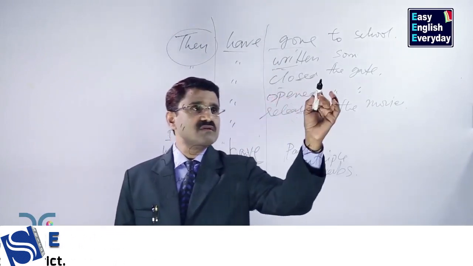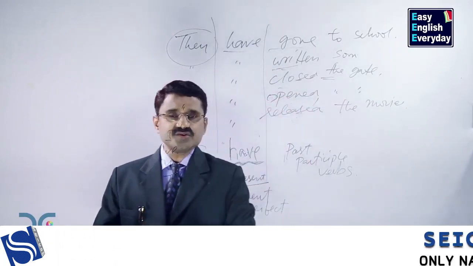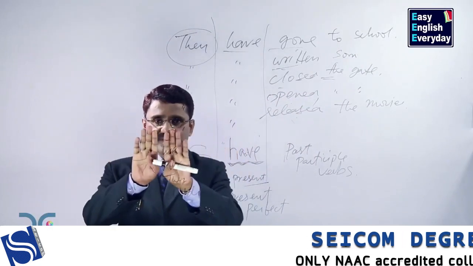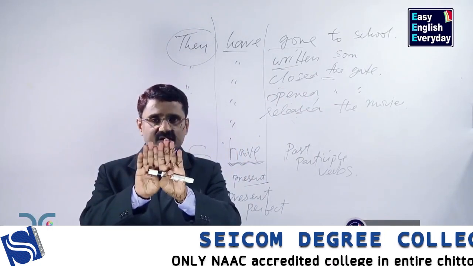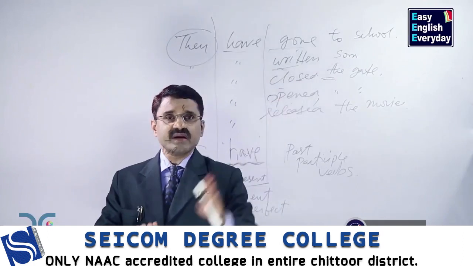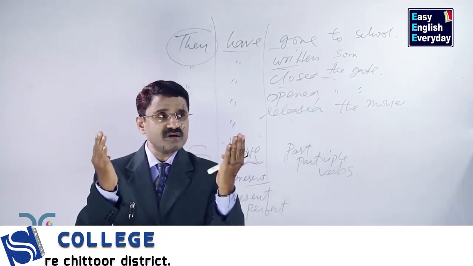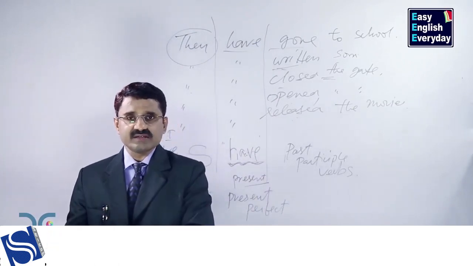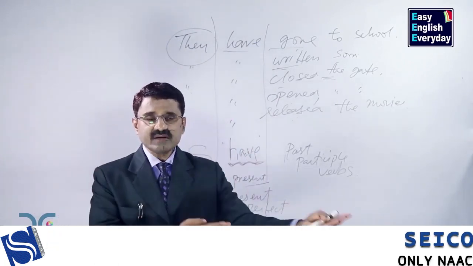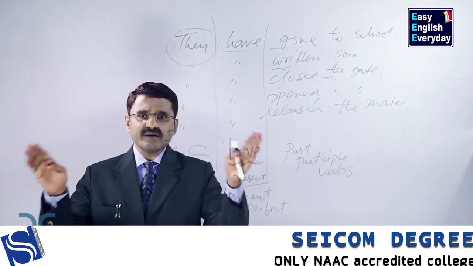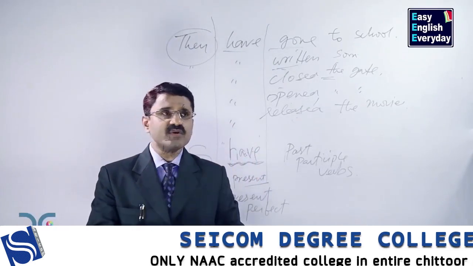They have closed the gate. This sentence should be used when the gate is closed. When the gate is closed, you have to say they have closed the gate. They have opened the gate, let us go inside. They have closed the gate, we can't go inside.